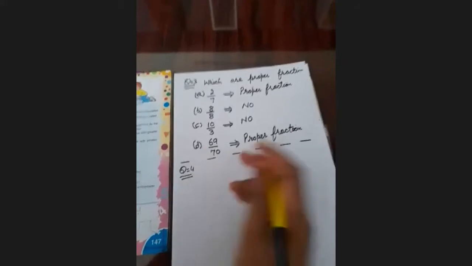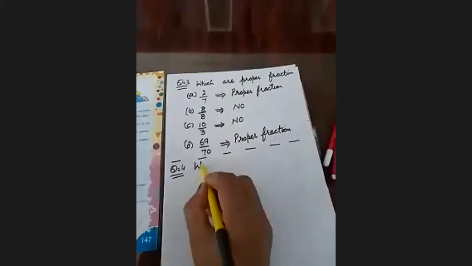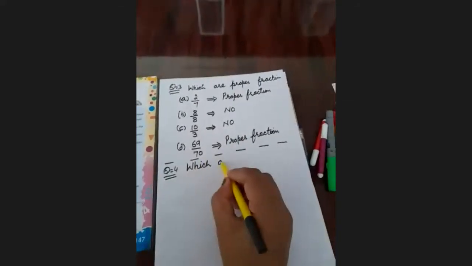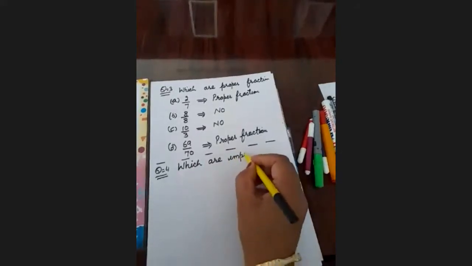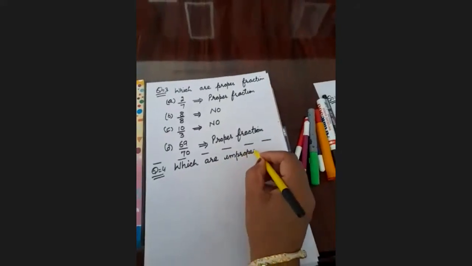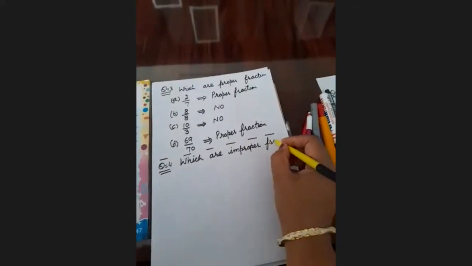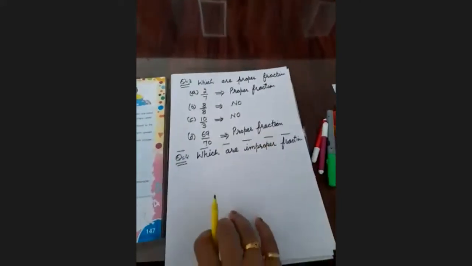Your fourth question is, which are improper fractions? First is 10 upon 3.